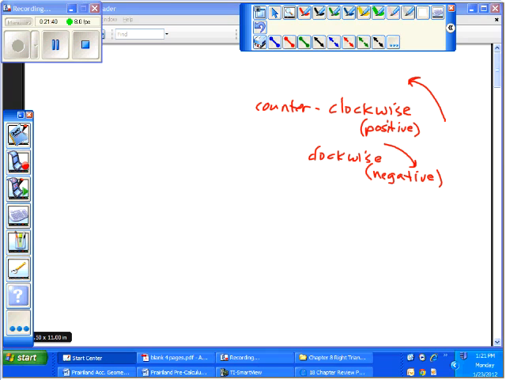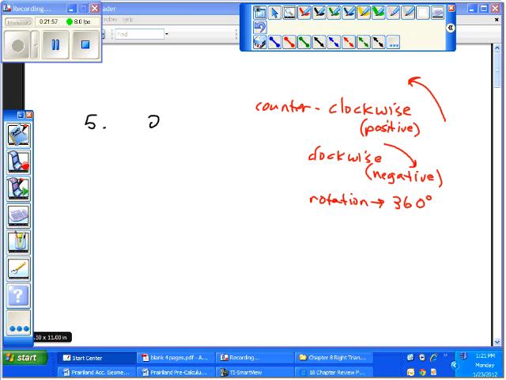And when we're talking about a rotation, we're talking about how much? 360 degrees. So, for number 5, you've got 2.5 rotations clockwise.